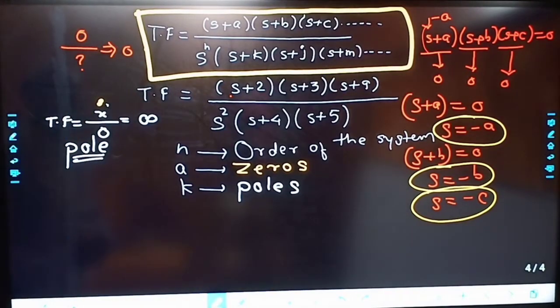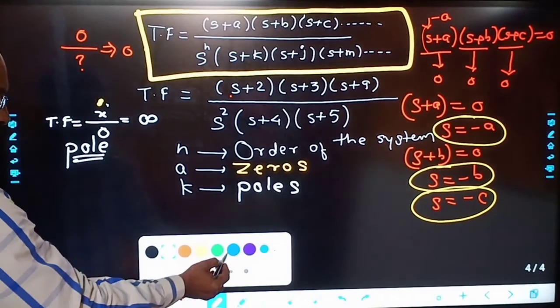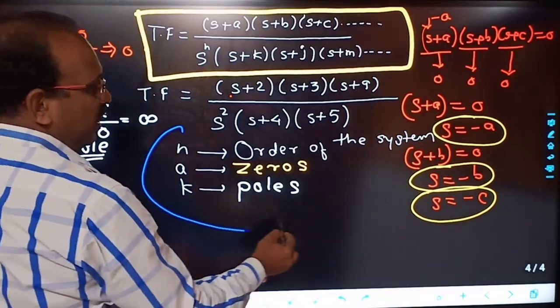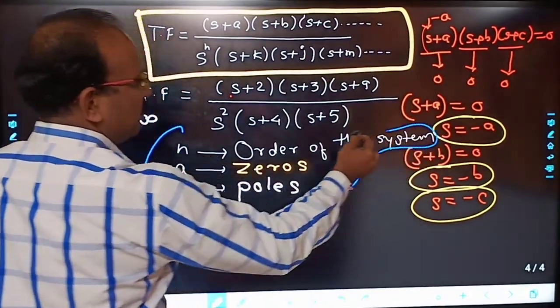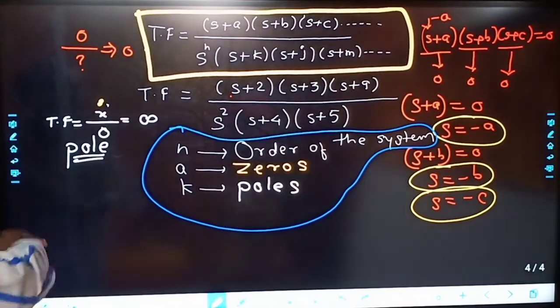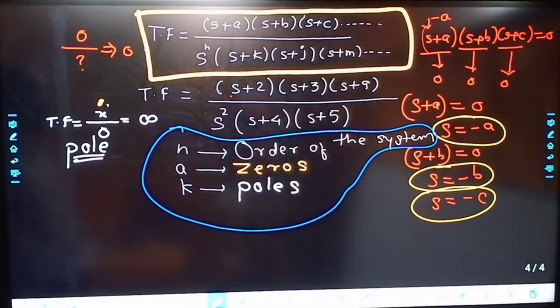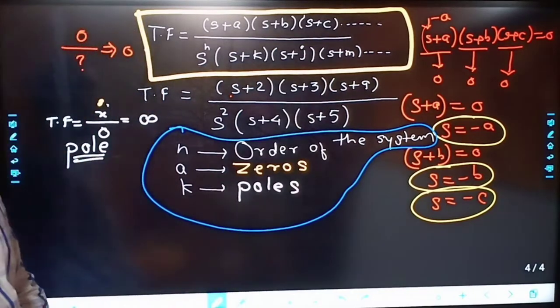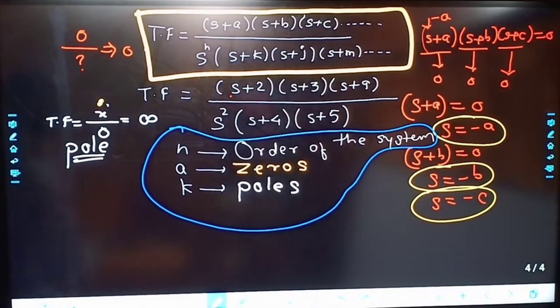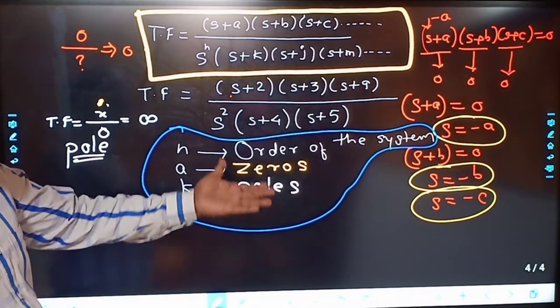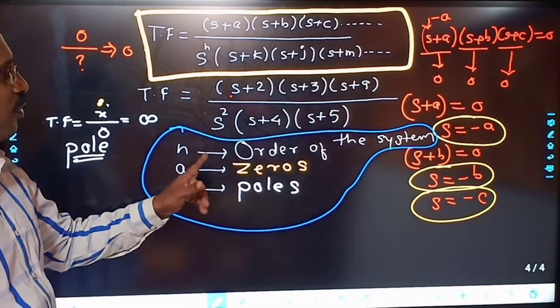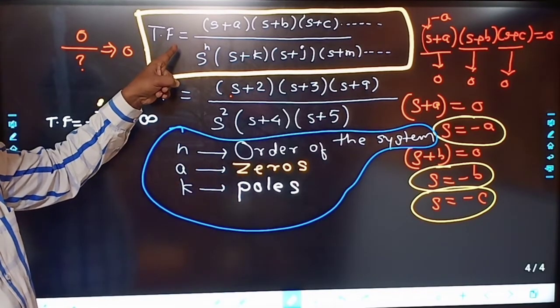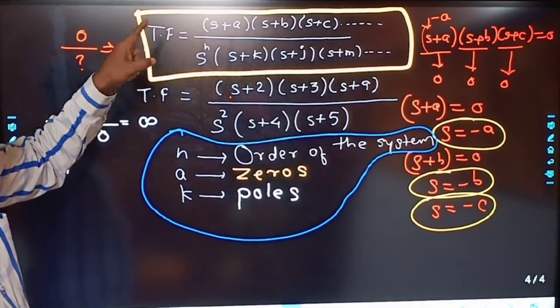So we got three things now. What is the order of the system? What are the zeros of the system? And what are the poles of the system? Simple. I will take an example of this also. But here I want to tell you, suppose this is your standard closed loop system.